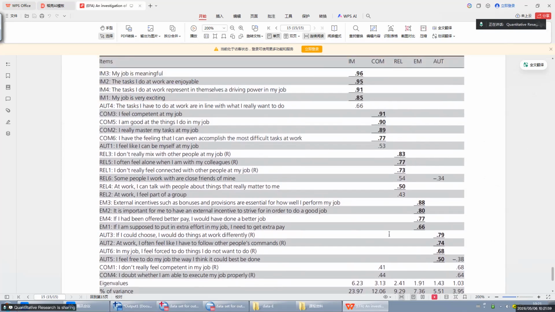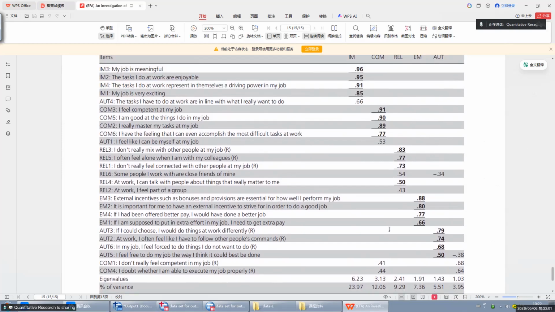Okay, take a look at this one. This cross-loading takes place between AUT and the other factor. But can you see that? This factor is beyond the constructs we are going to use. Do you understand me?